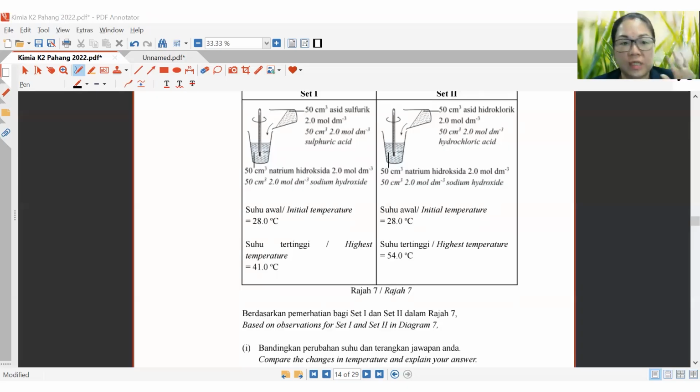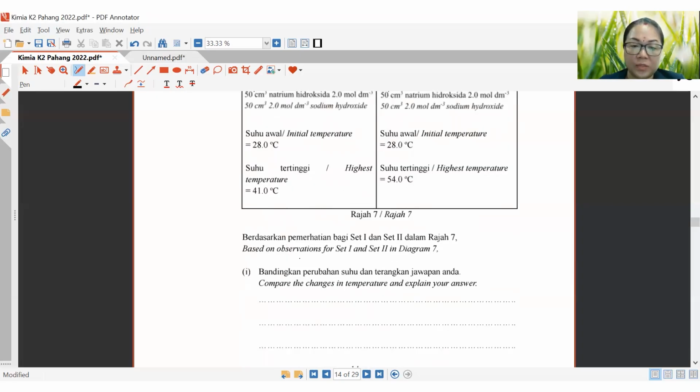We definitely have to go through the temperature change, because that's the one that we can see most obviously. Okay, so the temperature change in set 1 is higher compared to set 2. That's 4.1. Is higher than set 2.